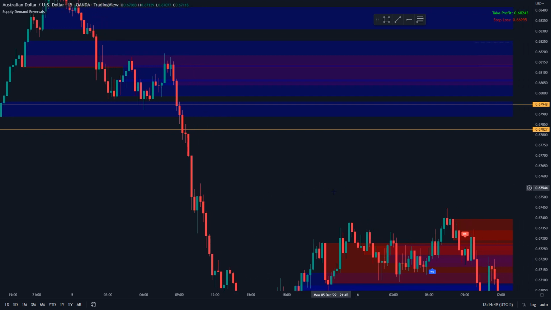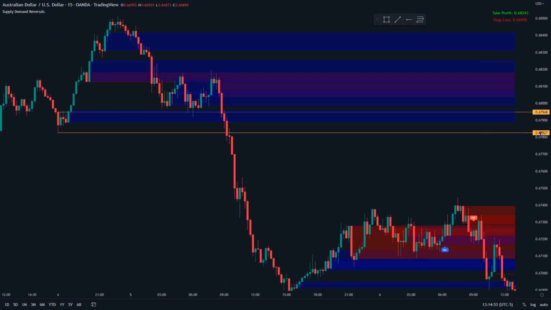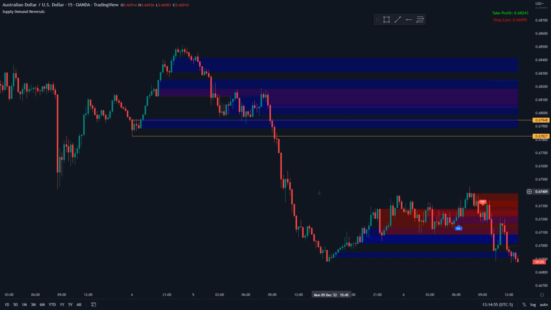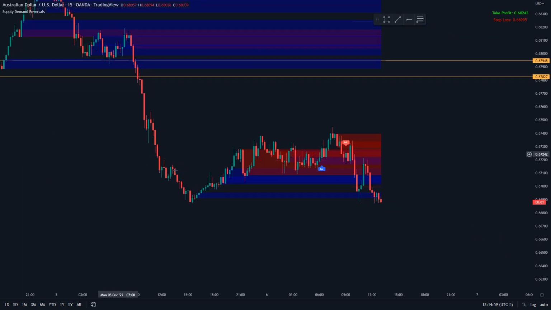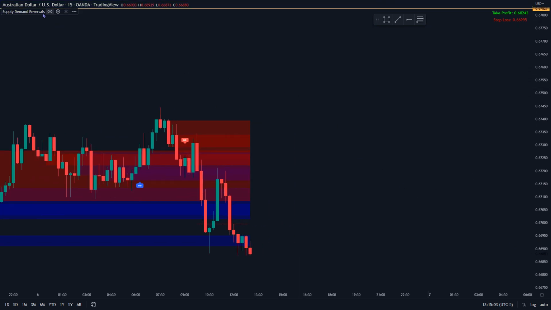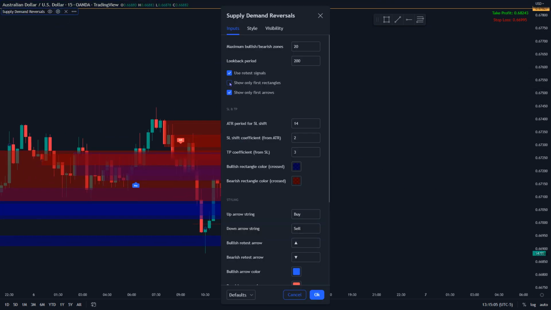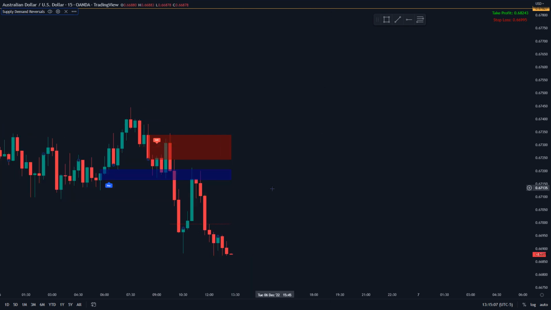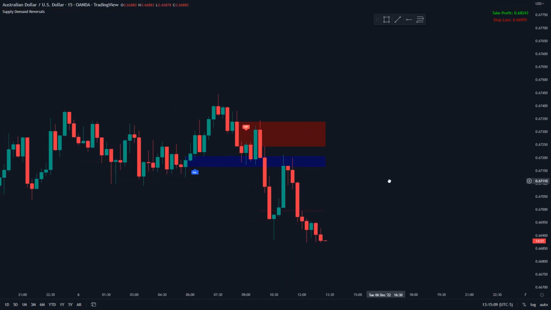Now, one thing I want to point out with this, remember, it's a reversal supply and demand. And so many times, let me actually bring up the most recent one down here and just dissect this one here.